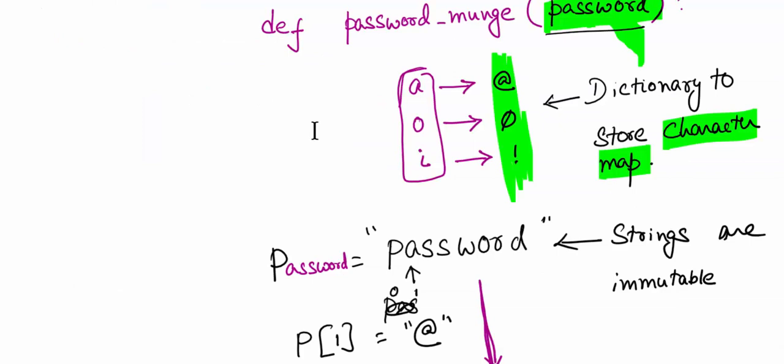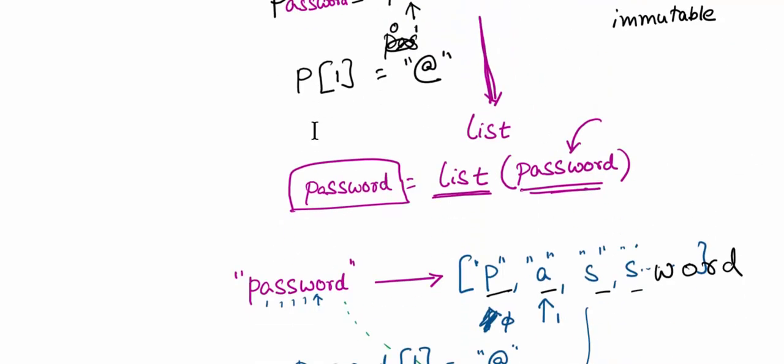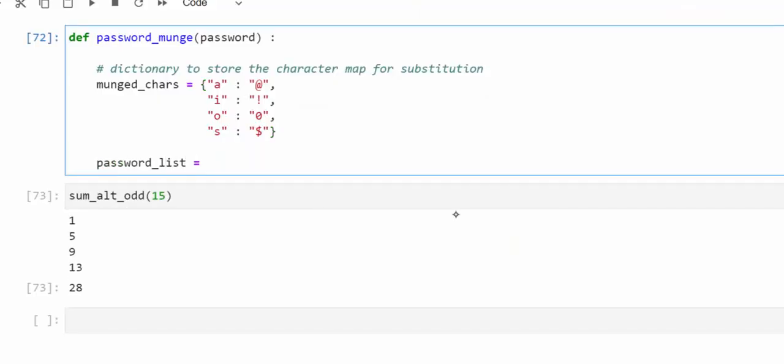What do we need to do next? Since strings are immutable, we need to convert the string to a list, right? And for that, we are going to use the list constructor. So password_list, which is a list version of the string that is being passed to us, can be created by using the list constructor.